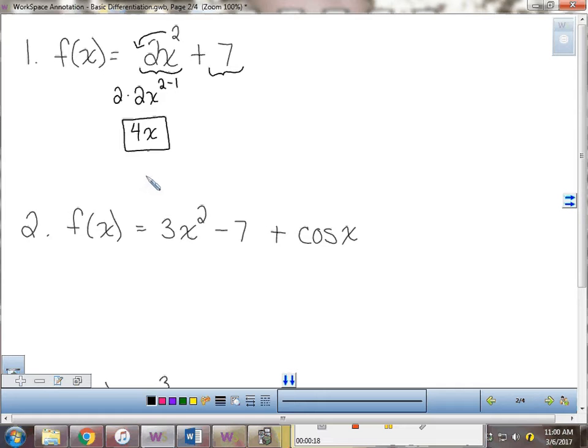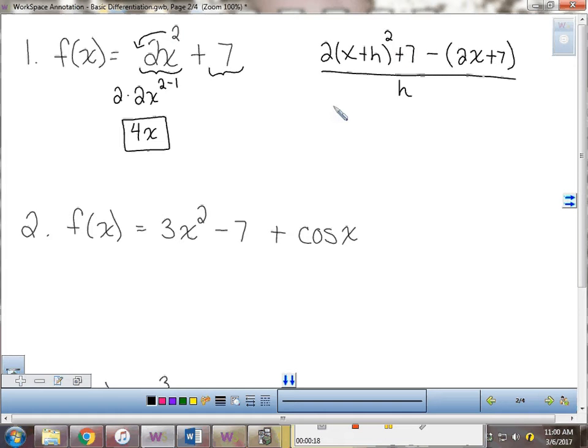And just for kicks and giggles, I'm going to show you what you have been doing. You've been plugging in x plus h for that, minus your original function all over h. So this would be 2 times x squared plus 2xh plus h squared, which would give you 2x squared plus 4xh plus 2h squared.